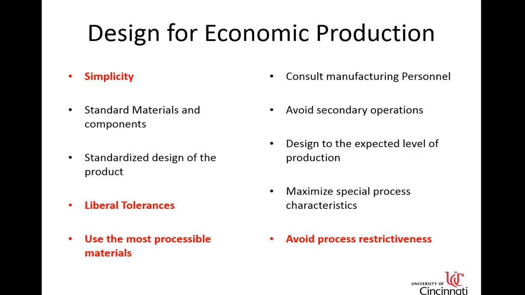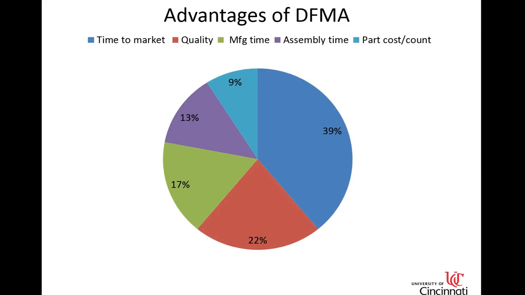And there's several others: standard materials and components, standardize the design of a product, so one part number doesn't have a bunch of unnecessary changes from the next when they do changeovers, and a few others.